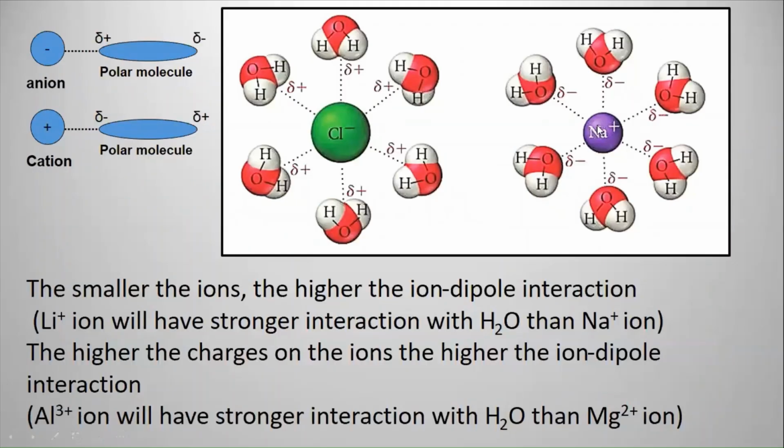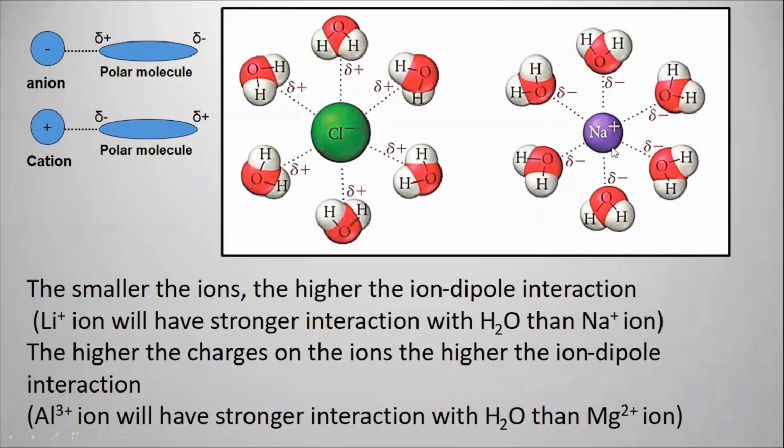Since this is an ion dipole, this interaction will depend on the strengths. This interaction here between the positive and the partial negative will depend on the positive. The higher the charges, the higher the interaction.